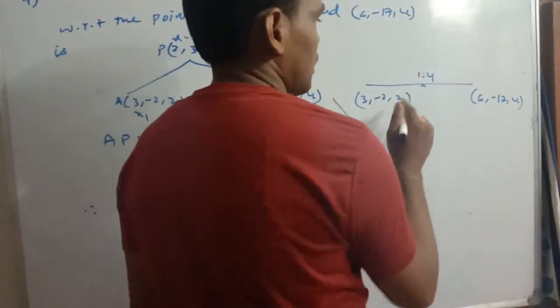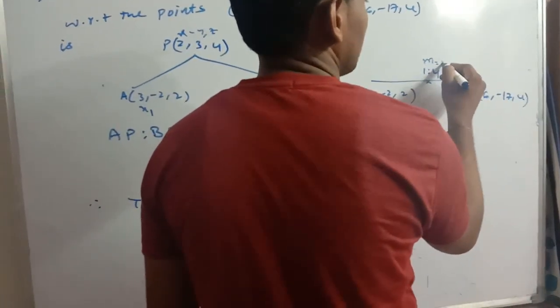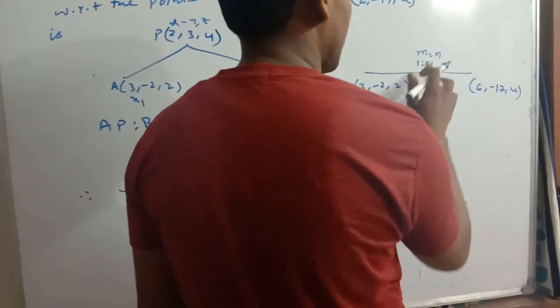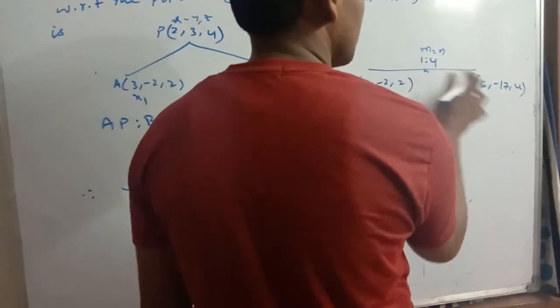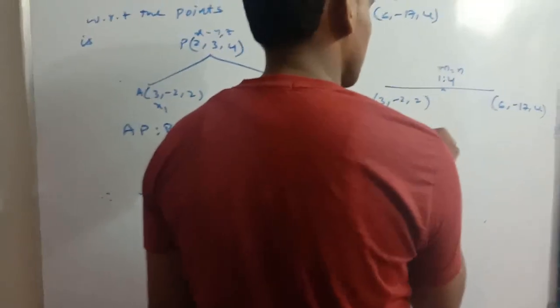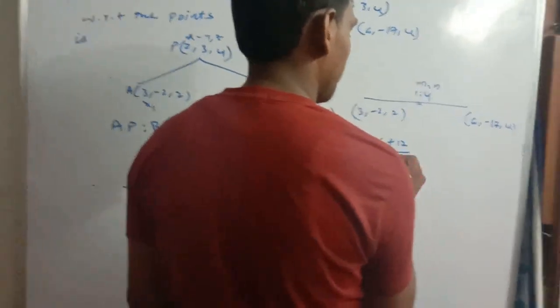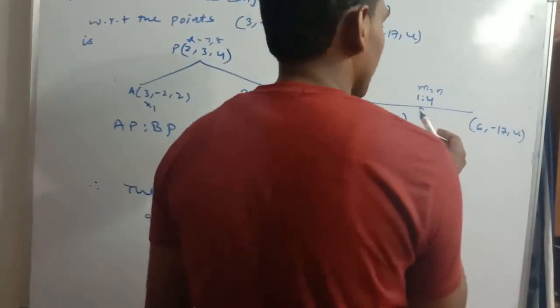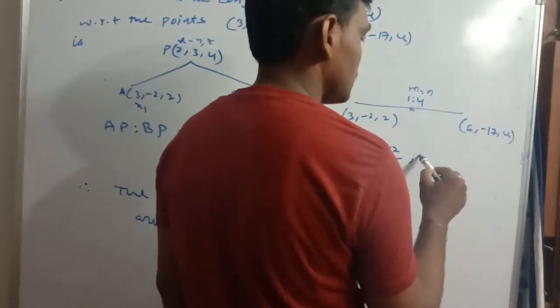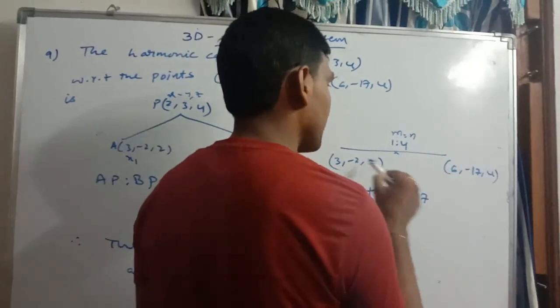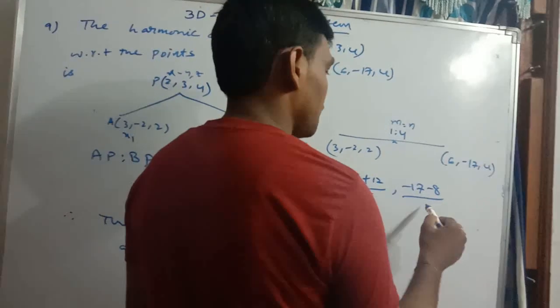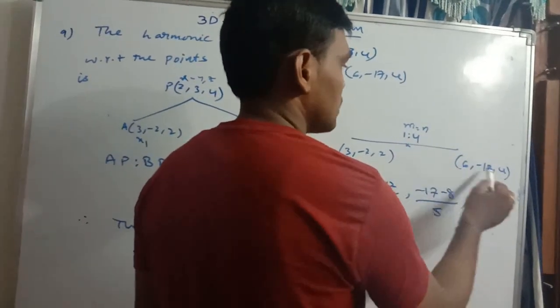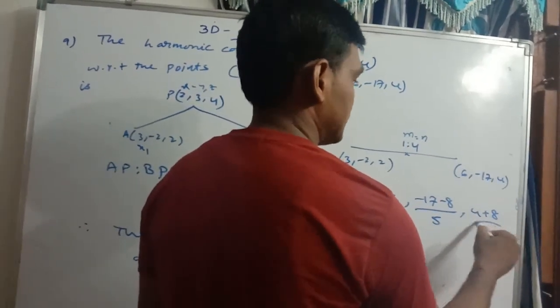Now here (mx2 + nx1)/(m + n): 6 ones are 6 plus 4 threes are 12, by 1 plus 4, 5, and this is also for the y coordinate. Now my2, this is -17 plus ny1, this is -8, by 5, and this is also 4 plus 8 by 5.